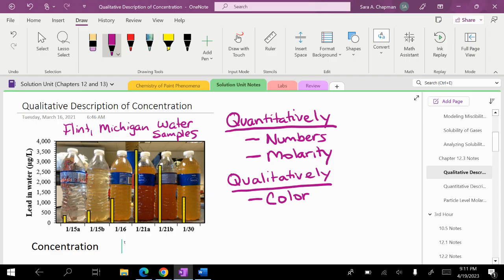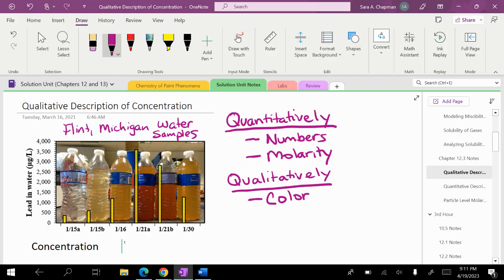And so we actually have in this graph both quantitative and qualitative description of concentration. So you can see by the bottles on the left, on January 15th A, it is clear, colorless. And then January 15th B, it's a little yellow. January 16th, it's more orange. January 21st A, it's very red. January 21st B is reddish orange. And then January 30th, it's orange.